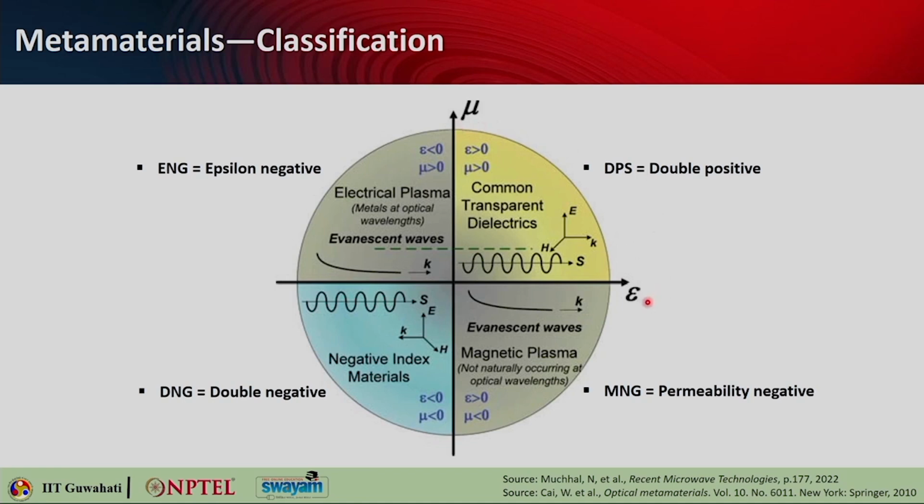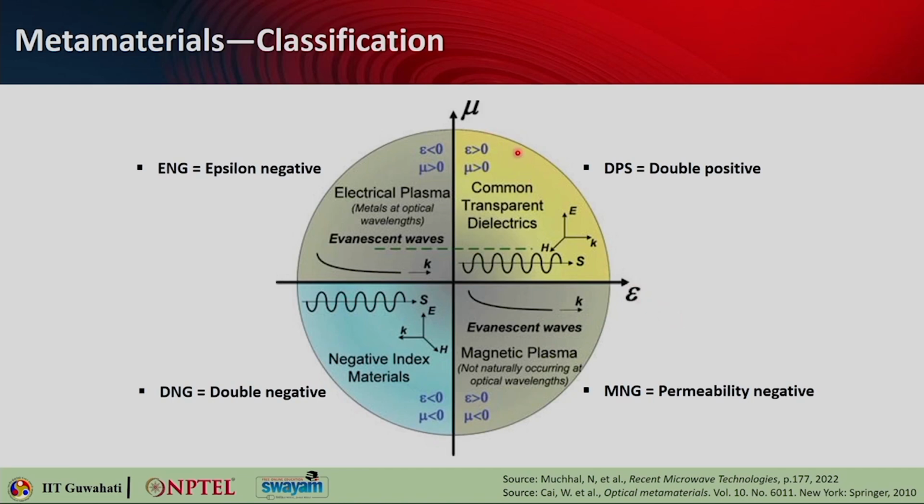Once you understand that these are the two properties, let us draw this axis and divide it into 4 quadrants. This is the quadrant where both permittivity and permeability are positive. These are called DPS materials, double positive, because both epsilon and mu are positive.